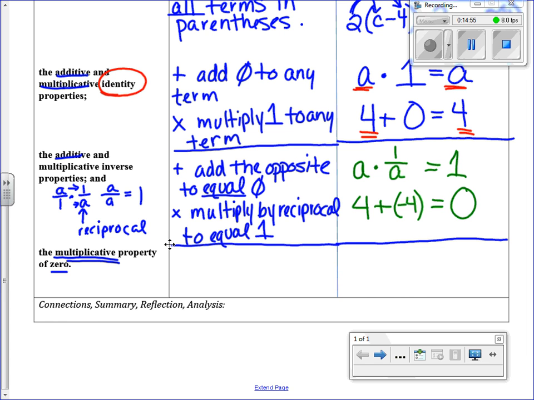Basically all we're saying there is any number times 0 equals 0. So I can say b times 0 equals 0. Or I can say 4 times 0 equals 0.